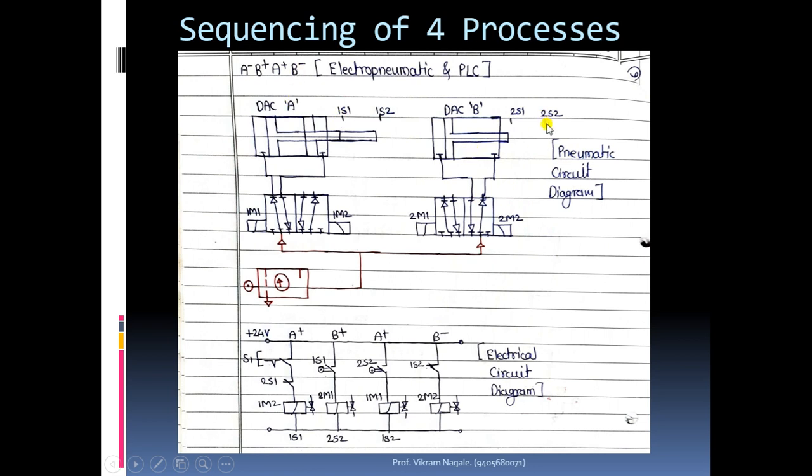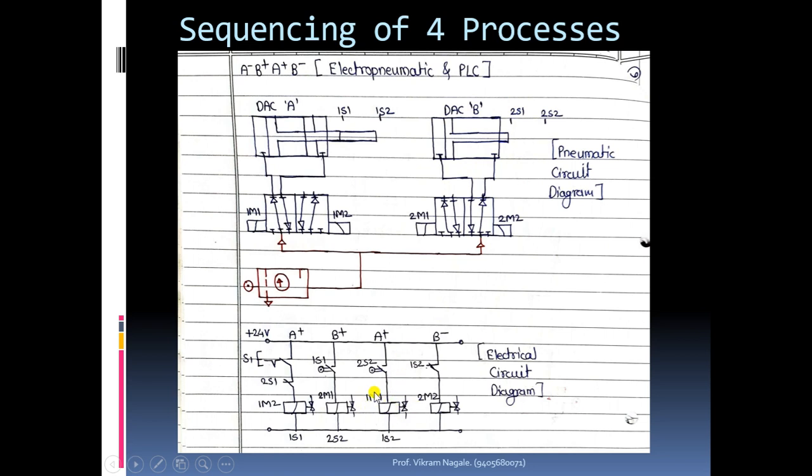That means rod end will move from 2s2 towards 2s1, means 2s2 will get unpressed, means तो कॉन्टॅक्ट ओपन होईल, आणि कॉन्टॅक्ट ओपन झाला की इथे जो सप्लाय जातो 1M1 कॉइलला from this 2s2, that will stop, and that will de-energize this 1M1 coil when the fourth process is starting, that is B minus.